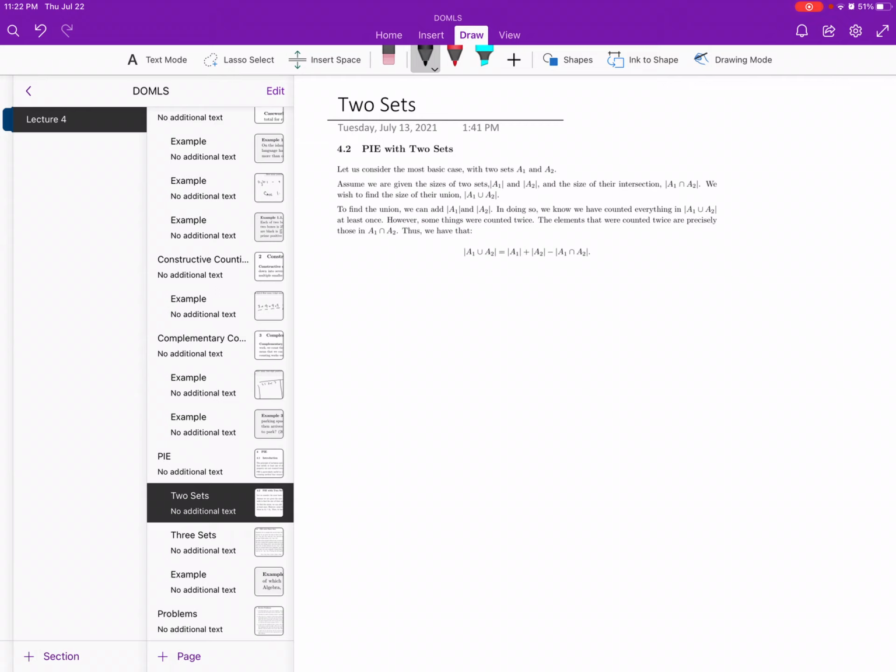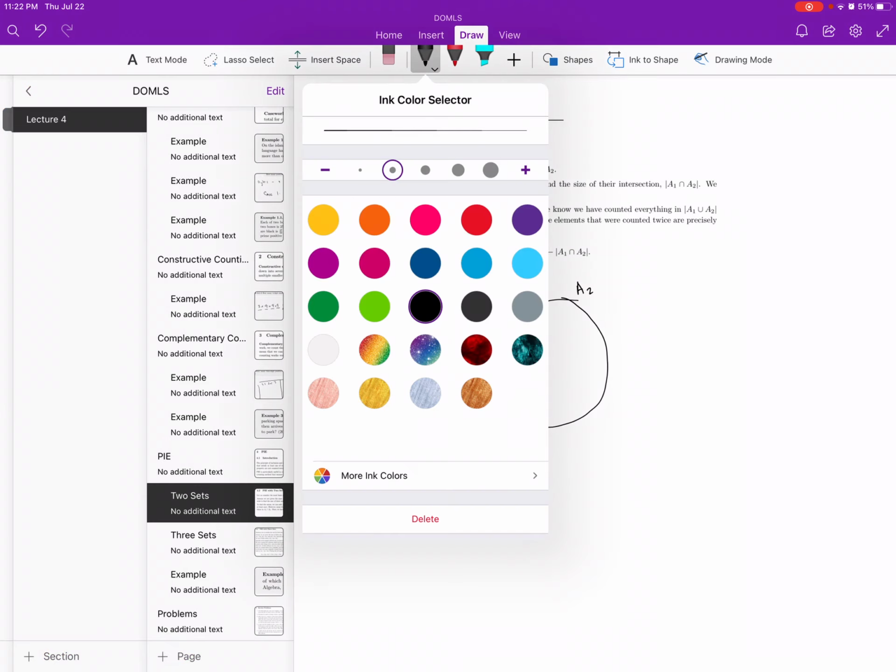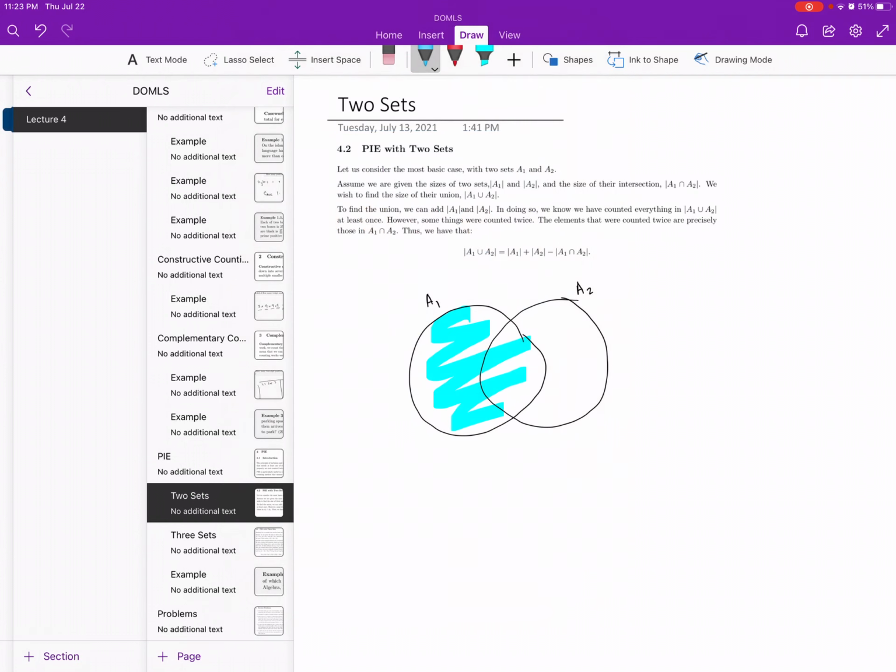So let's start with PIE on 2 sets. The easiest way to think of PIE is with Venn diagrams. So let's look at a Venn diagram. If we have 2 sets, A1 and A2, the number of elements in A1 here, we call that the magnitude of A1.